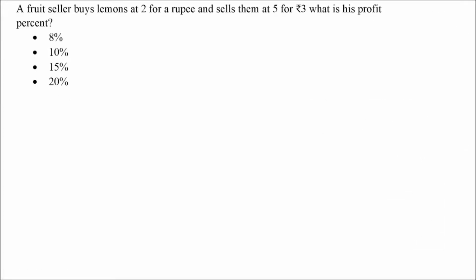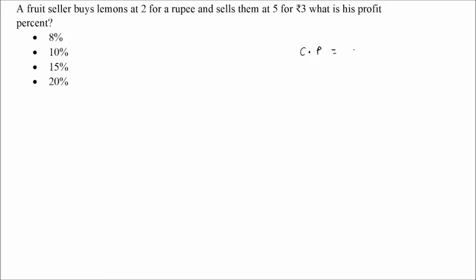A fruit seller buys lemons at 2 for a rupee and sells them at 5 for rupees 3. What is his profit percent? So we'll calculate here the cost price of a lemon. The fruit seller buys at 2 for 1 rupee.